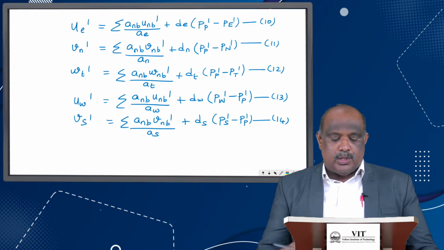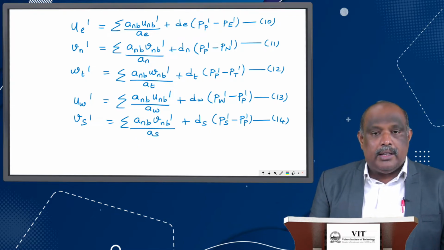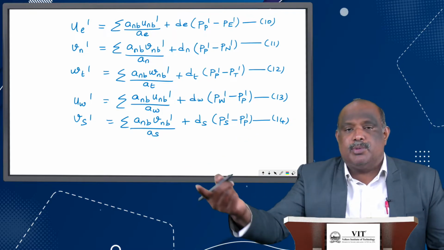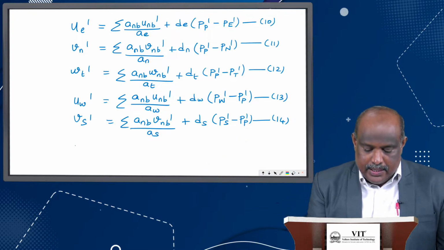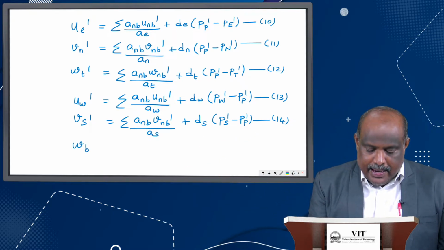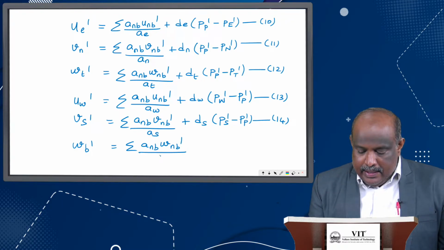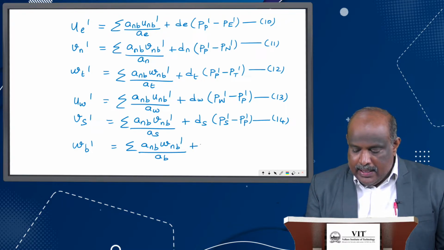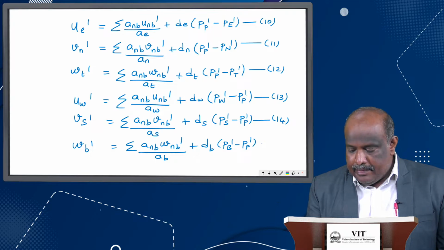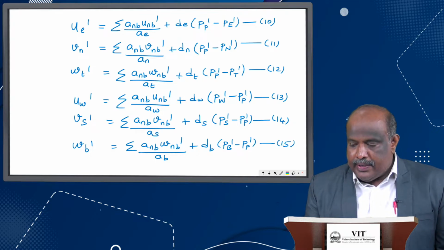Let us move on to the last one. It is the W component of velocity, but not on the top side but on the bottom side. So WB prime will be equal to sigma of ANB WNB prime by AB plus DB of PB prime minus PP prime. Let it be equation number 15.